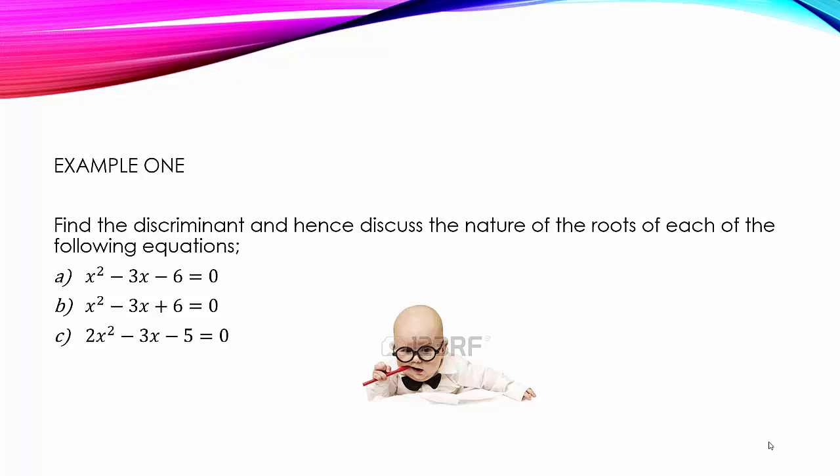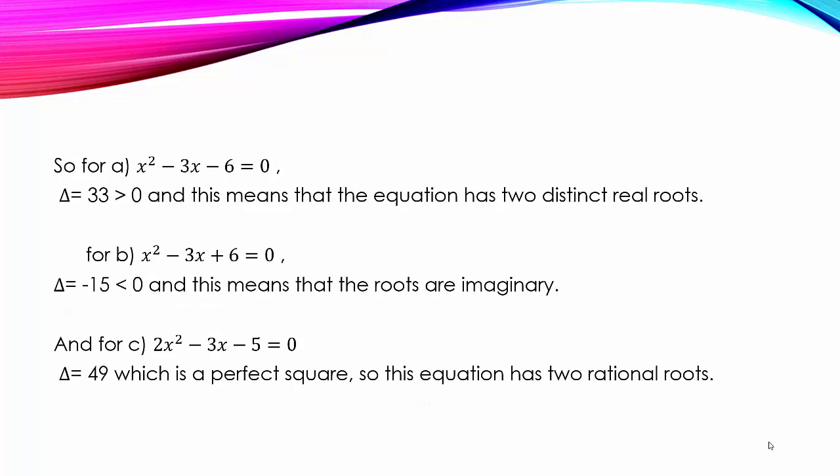Okay, that was a minute. So let's have a look. For the first one, your discriminant is going to be 9 plus 24. That's 33. That's positive. And this means that that equation has two distinct real roots.